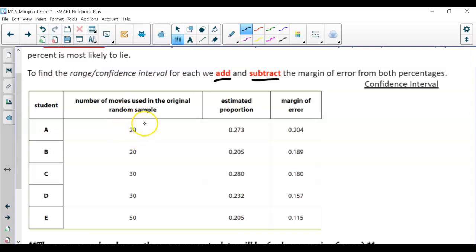the original random sample. So there were 20. The estimated probability or proportion was 0.273 or 27.3%, right? So multiplying by 100, but then the margin of error. So again, there's this idea of creating, because data is not truly predictable, like the weather, right?